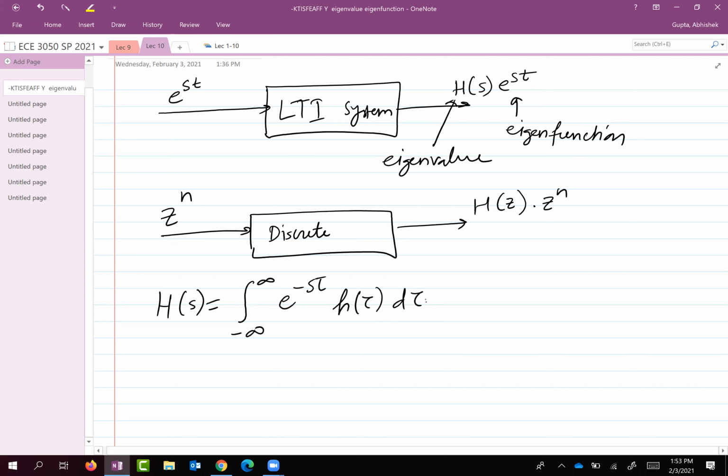So h is the impulse response of the system. And H(z) is given by the summation k equals minus infinity to plus infinity h[k] z raised to minus k.